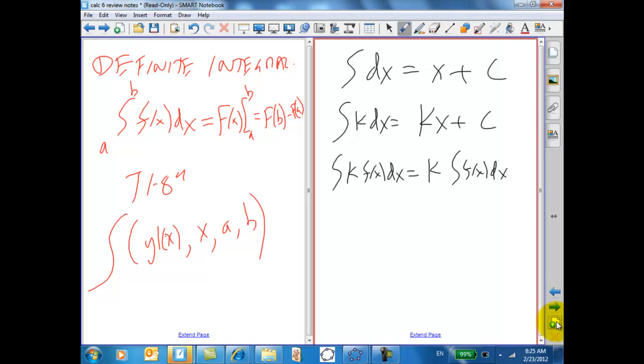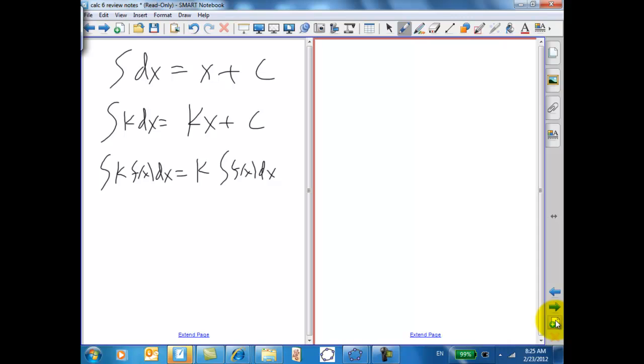Now the big rule. The integral of x to the n dx equals, crank it up: x to the n plus 1 power, divided by n plus 1, plus c.